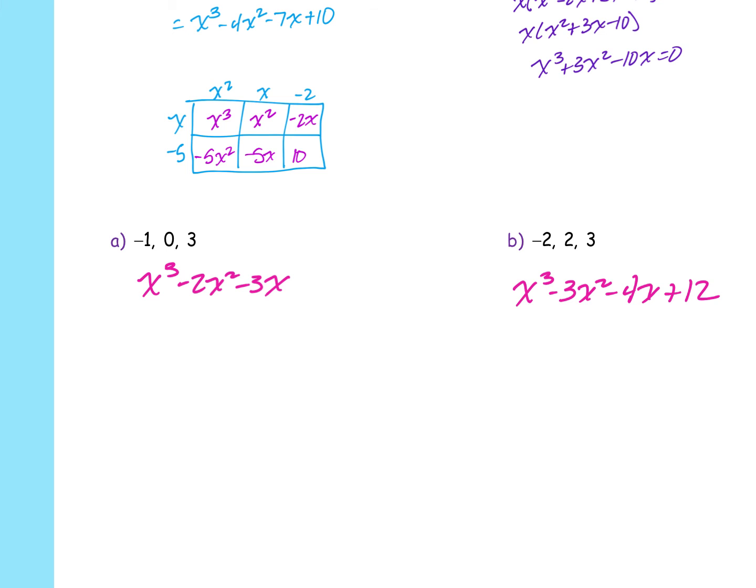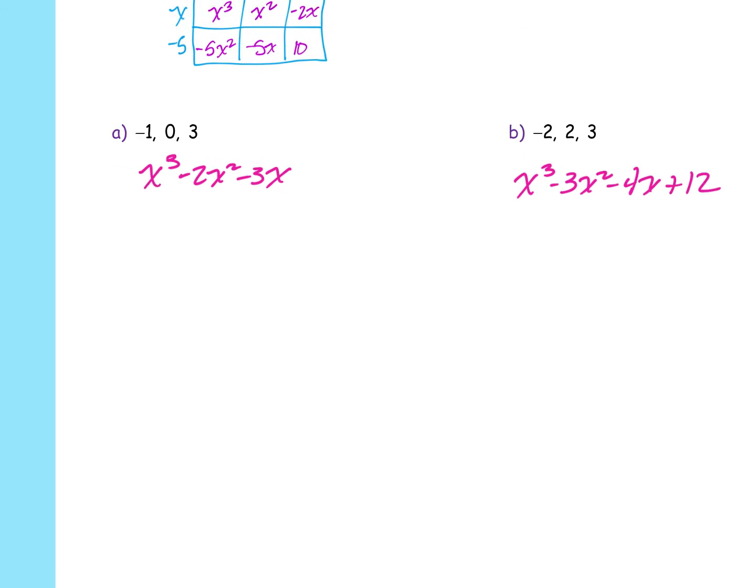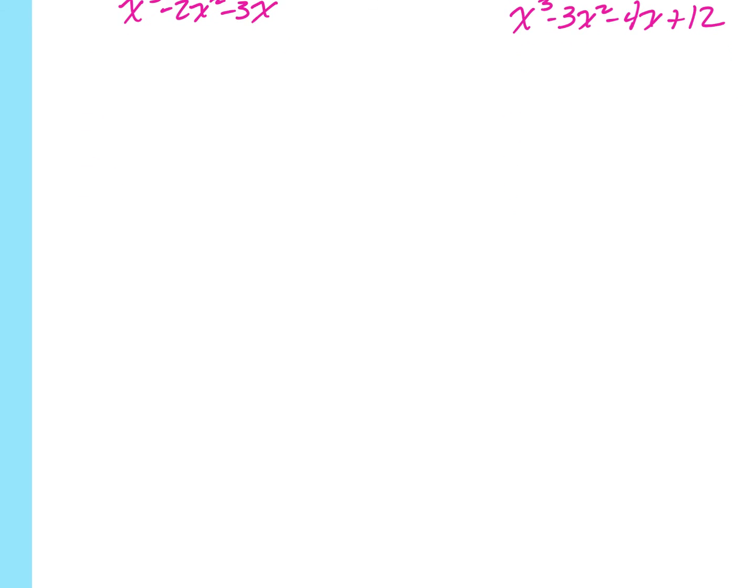So there you go. I am just going to say something really quick about this part of the assignment. In Delta Math, your problems are going to be like 3 plus 4i and 3 minus 4i.